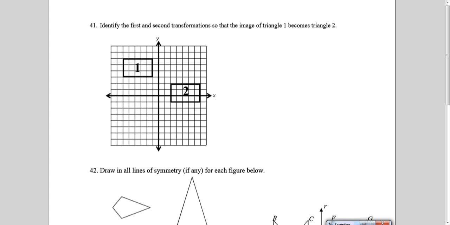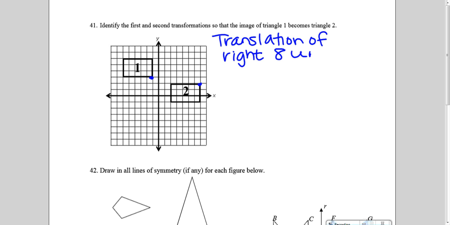So this blue point right here is going to map to this blue point right there. Sorry. So we have a translation of right 8 units. So that ends up with us right here.